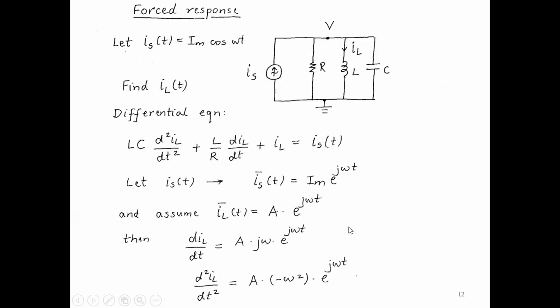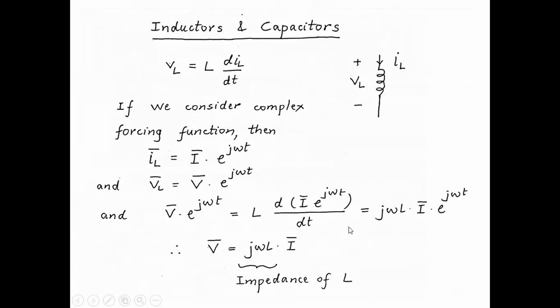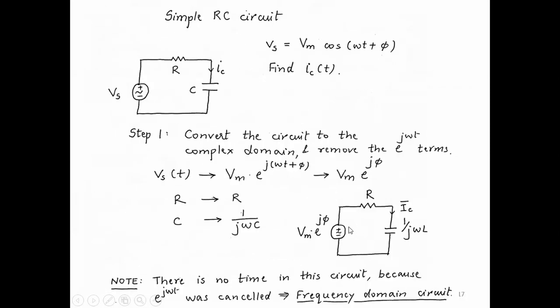And once we cancel, the circuit does not have time. When this circuit is drawn, there is no time in it. The earlier circuit is everything in terms of time. Here, everything is in terms of frequency, omega. So this is also often called a frequency domain circuit.